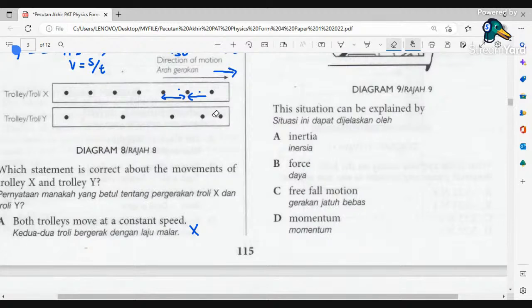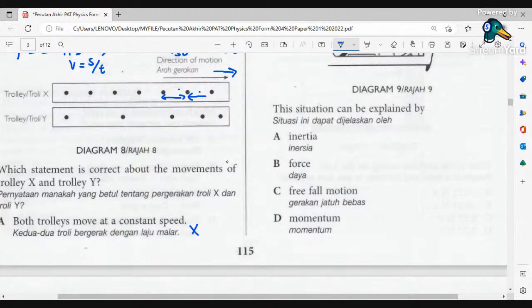Okay, kalau tengok longer time, longer distance ialah Y. Short time interval ialah Y. So we can say average velocity, average. Kita guna konsep average velocity because no given the distance between 2 dots. Average velocity means total length divided by total time taken.